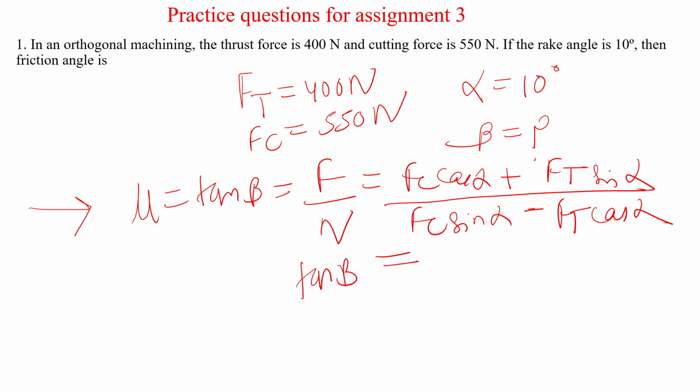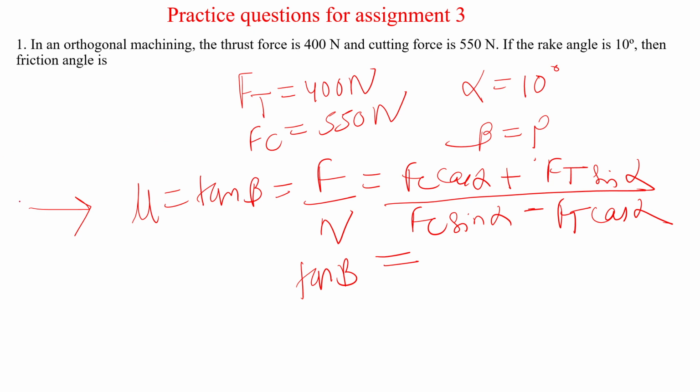How much tan beta did you get? Nikhil, right? What is the value of tan beta you got? Tan beta is 1.03. Yeah. See, here the value of mu is greater than 1, so it can be greater than 1, there is no issue.